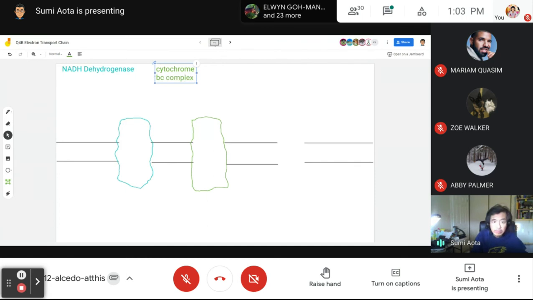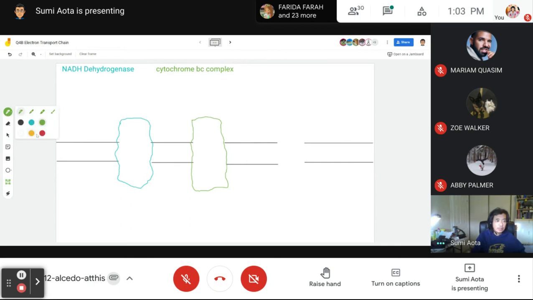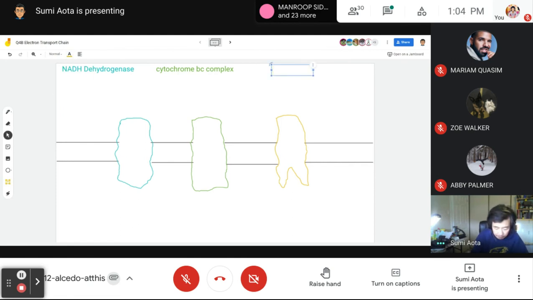I would actually suggest that you draw this along with me while I do it, but it's up to you. You could just, if you want, grab it from Classroom when I put it up there later. The third complex, which I will do in yellow, is going to be here. And that third complex is cytochrome C oxidase complex.